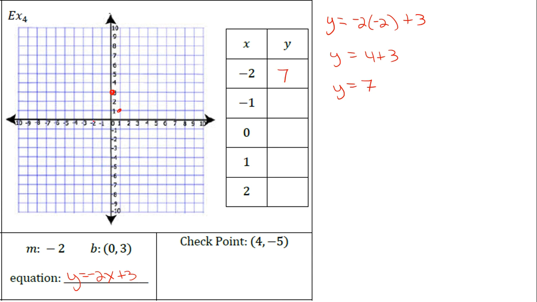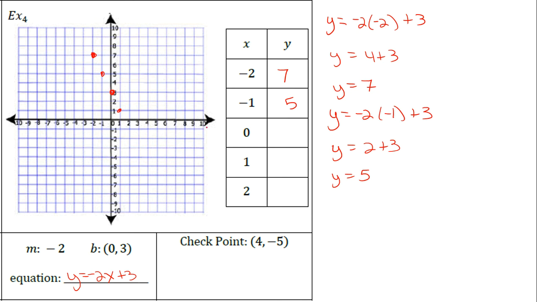So over here on my graph, (-2, 7) is a point. Now let's plug in -1. We get y equals 2 plus 3, and y is 5. So we can graph (-1, 5), and you can see that our slope is down 2, right 1, down 2, right 1.